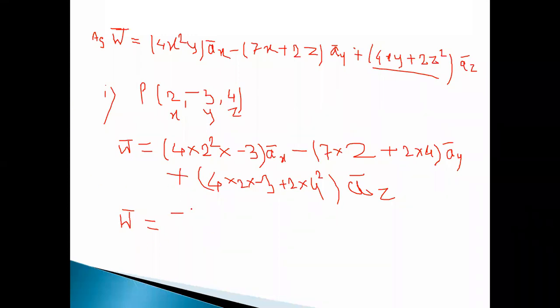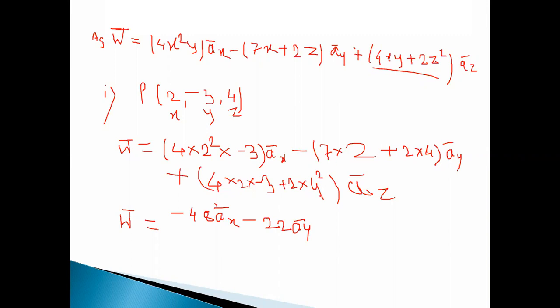So this W bar is equal to minus 48 A bar X, then minus 22 A bar Y. No, how it is plus?